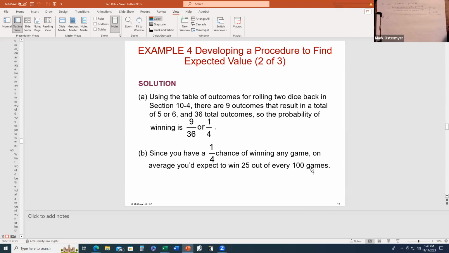Therefore, if we play this game 100 times, ladies and gentlemen, we would expect to win 1/4 times 100 times, or 1/4 of 100 would be 25 times out of 100 we would expect to win. So we would expect to win 25 out of the 100 games if we play this game over and over again. You understand how we got 25? 1/4 times 100.